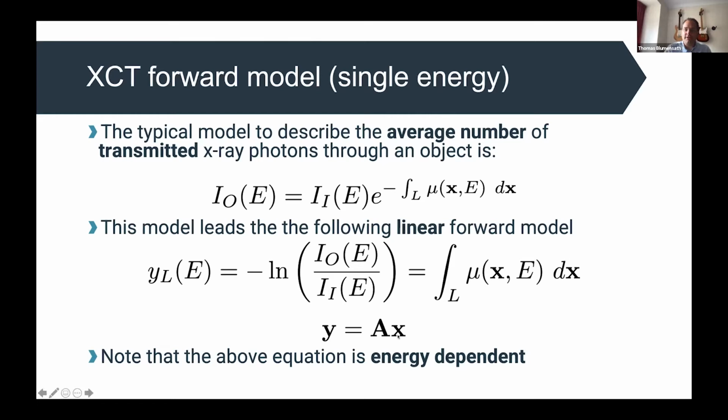And we have our image here, X, vectorized if you want, taking each pixel's density or mass attenuation coefficient and putting it in a long vector. And A is just the model that looks at the intersection of the X-ray beam, this one line of X-ray along which we're measuring at that point in time, with a discretized representation of our image, so with each voxel. So that's the simple model.